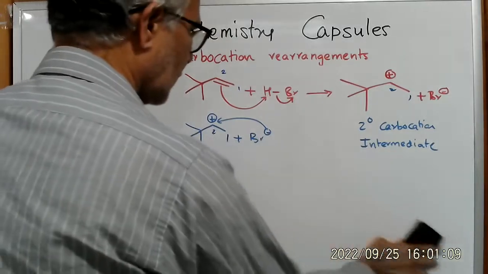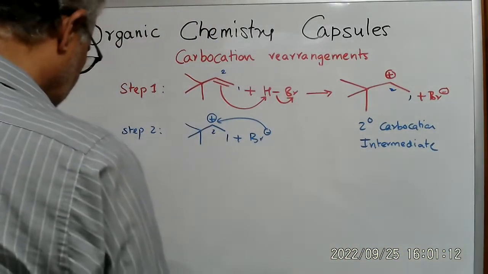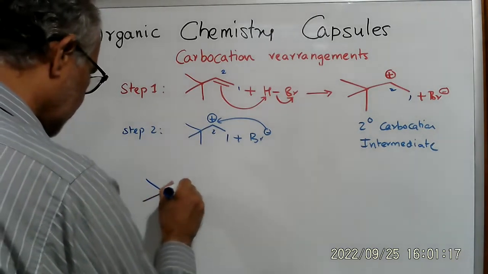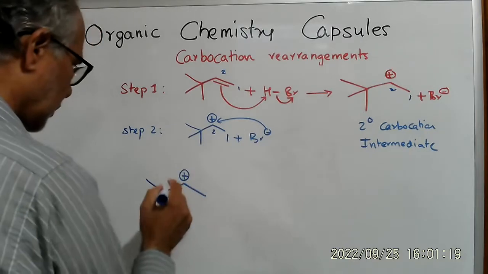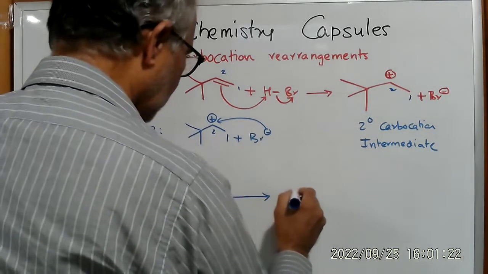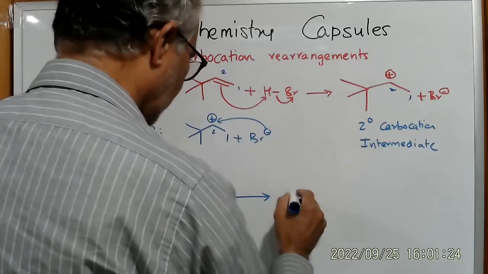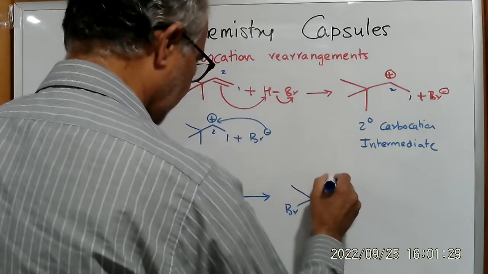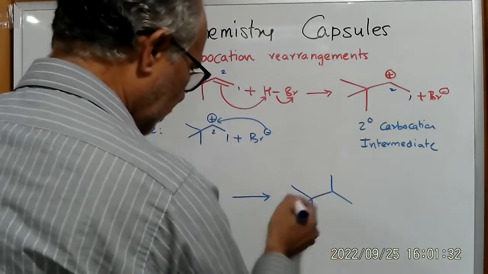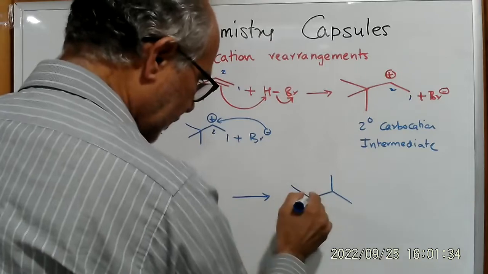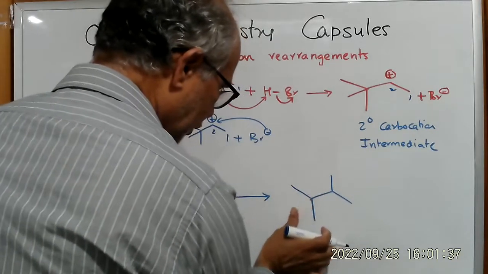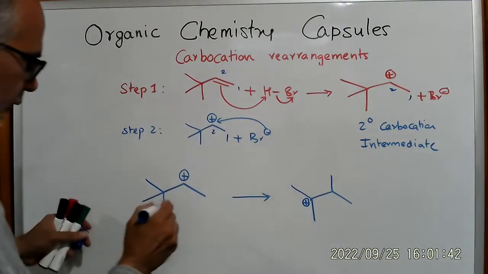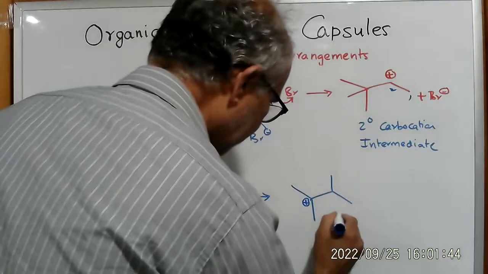So we have the initially formed secondary carbocation, and looking at product 4, this is product 4. In order for bromine to react at this point, that point should be a carbocation. So we are explaining how the secondary carbocation became this tertiary carbocation.